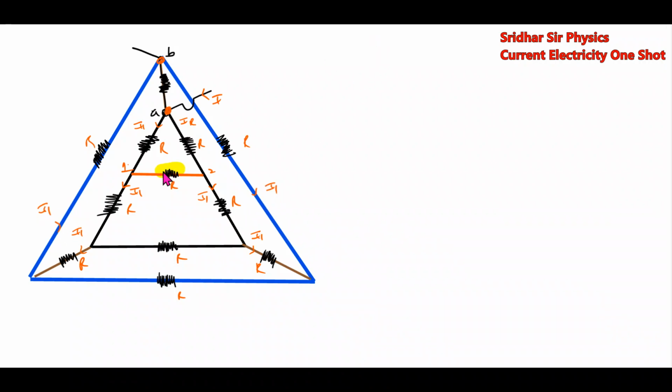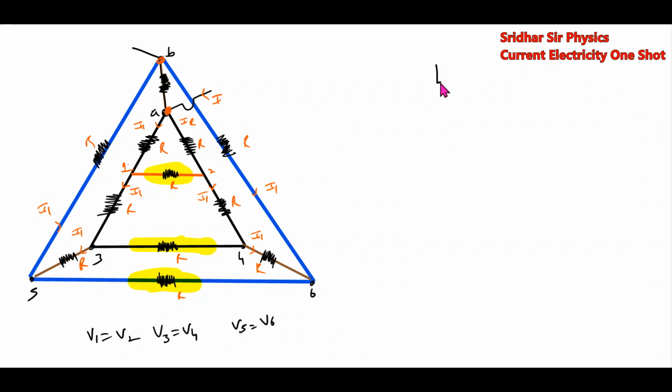The current will not flow here, will not flow here, will not flow here. The reason for that is potential V1 equal to V2. Similarly, these points V3 equal to V4. Similarly, these points V5 equal to V6.